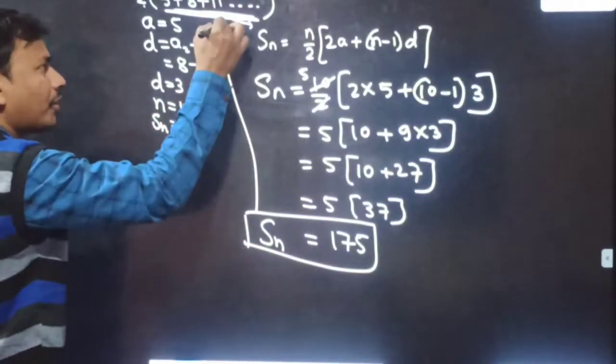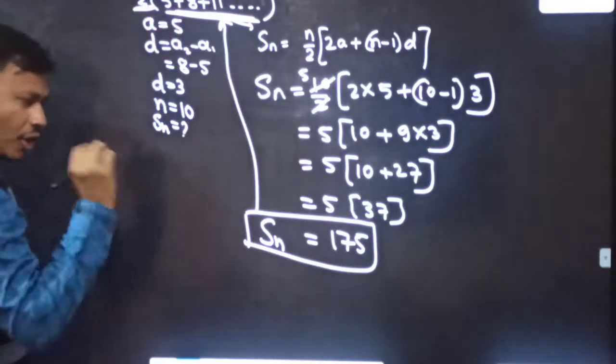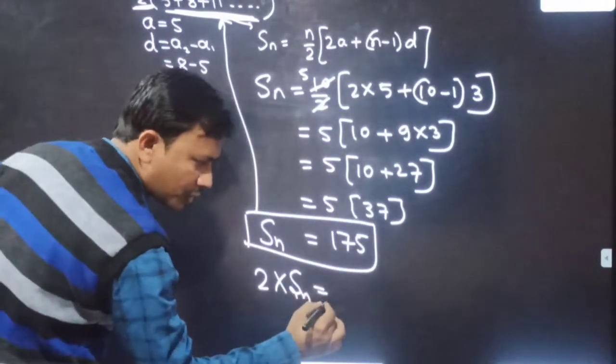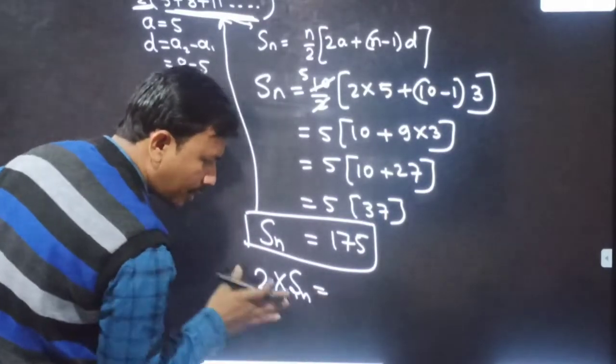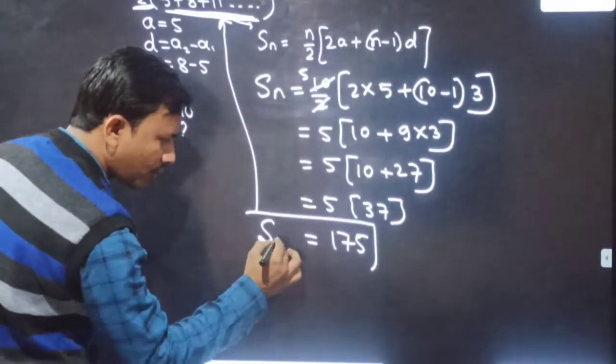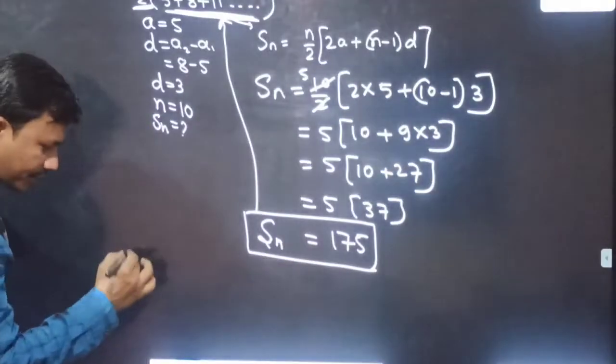But what we need to do here? Sn is applicable only for these numbers, but we have taken 2 as common. So 2 into Sn is equal to the total distance traveled by the competitor.